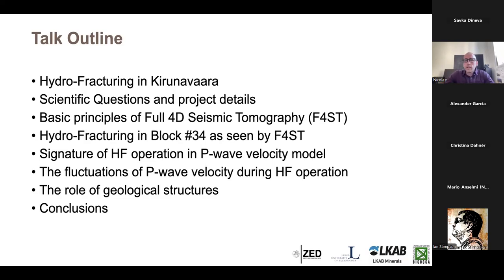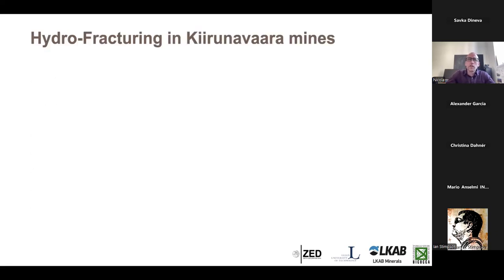Then we will analyze in detail the signature of a hydrofracturing operation on the P-wave velocity model, the fluctuation of the P-wave velocity model during hydrofracturing operation, and the role of geological structure on the P-wave velocity variation. We will draw together some preliminary conclusions. And if we have time, I will illustrate a bit more some applications of fast full 4D tomography. So let's start talking about hydrofracturing in Kiruna mine.